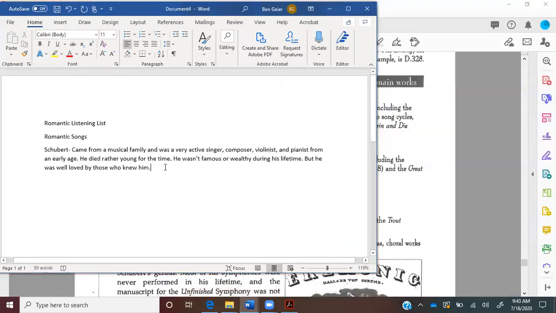So, he wrote, let's say, even though he lived to be just 31, Schubert composed at a rapid pace.